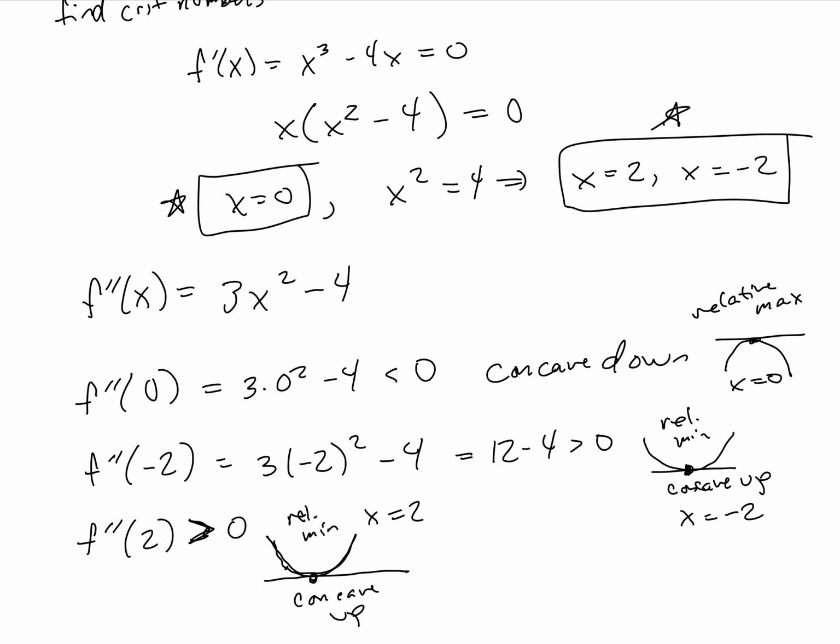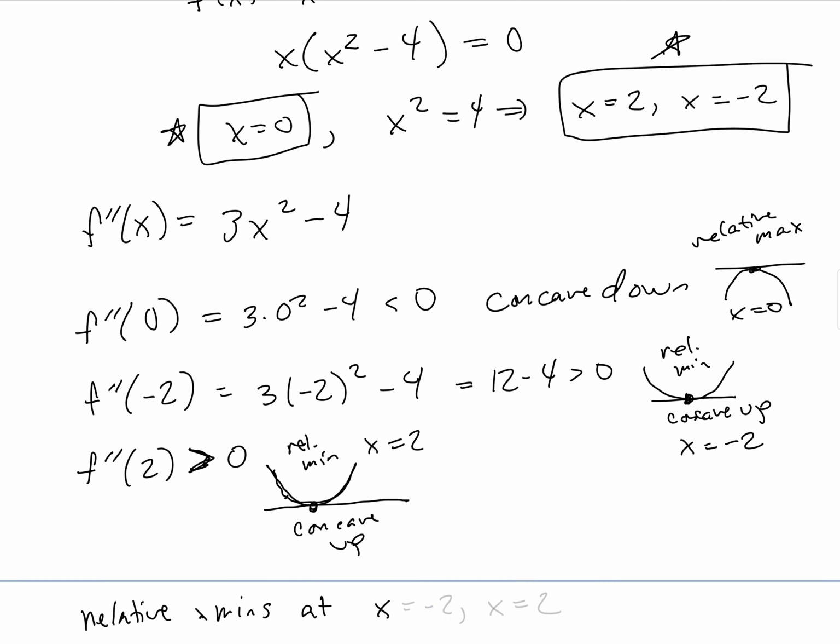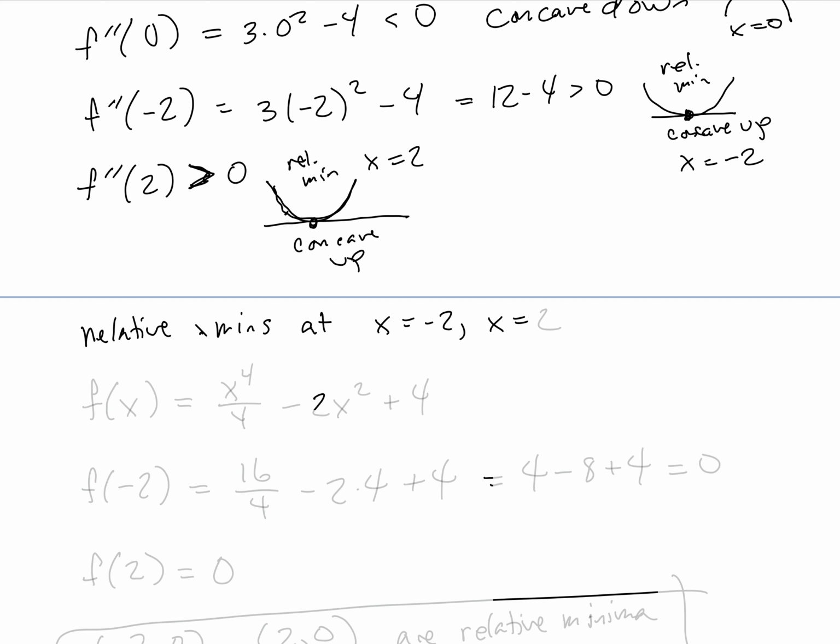So now we can just plug each of those values into the original function to find the relative maxes and mins. We know that we have relative minima at x equals negative 2 and x equals positive 2. Our original function was f of x equals x to the 4th over 4 minus 2x squared plus 4.